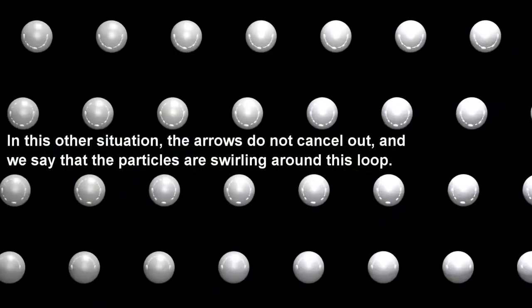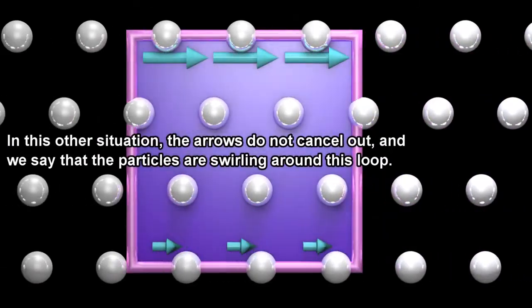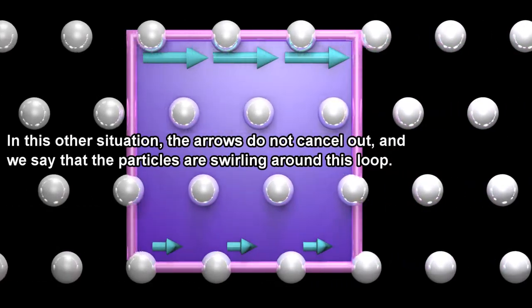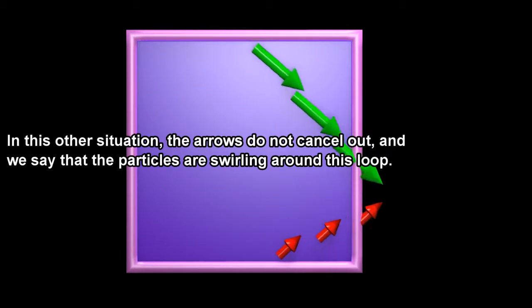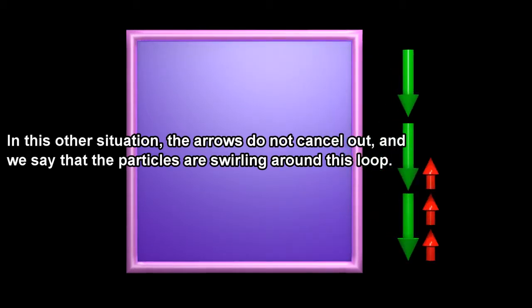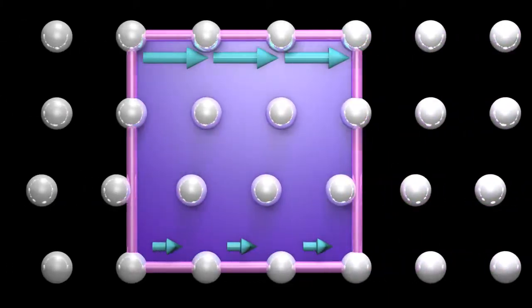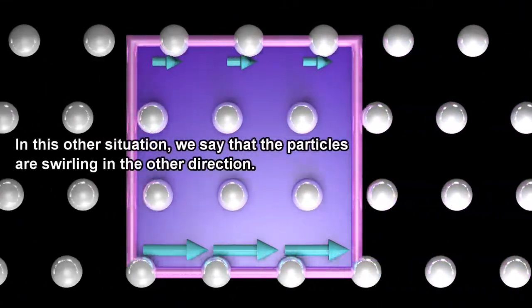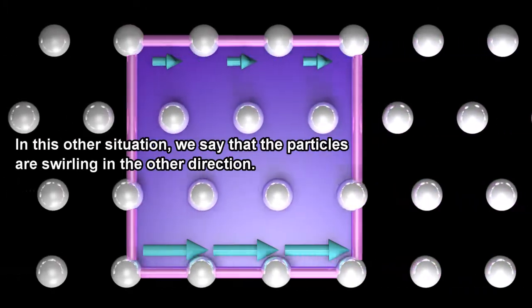In this other situation, the arrows do not cancel out, and we say that the particles are swirling around this loop. In this other situation, we say that the particles are swirling in the other direction.